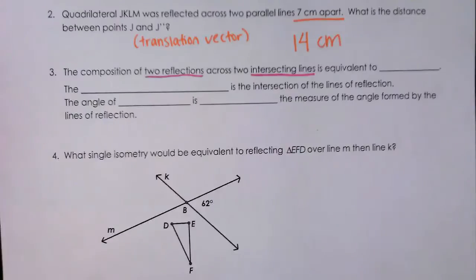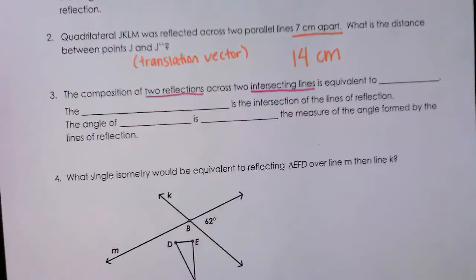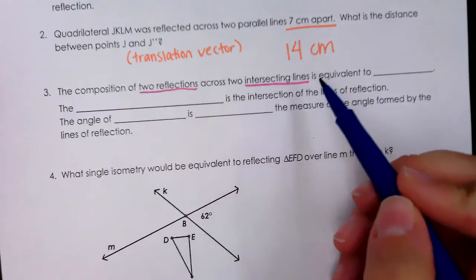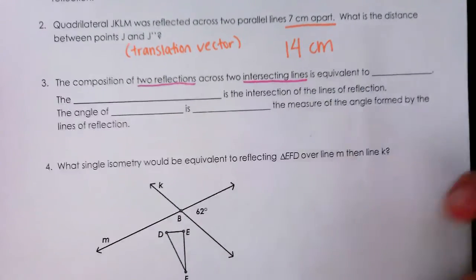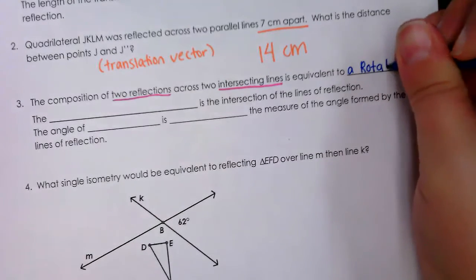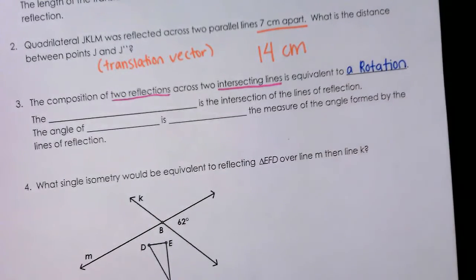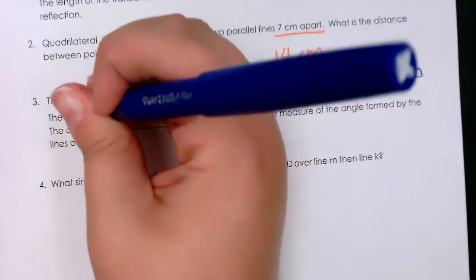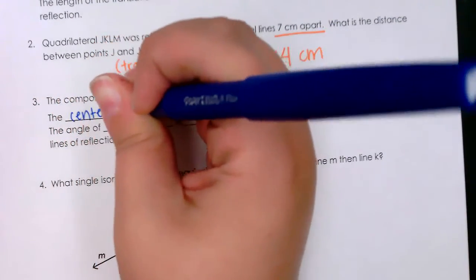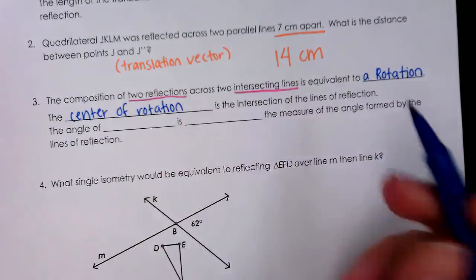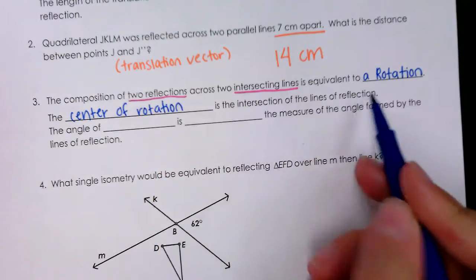All right, so let's fill that into the notes then. So the composition of two reflections across two intersecting lines is equivalent to a rotation. The center of rotation is the intersection of the lines of reflection.